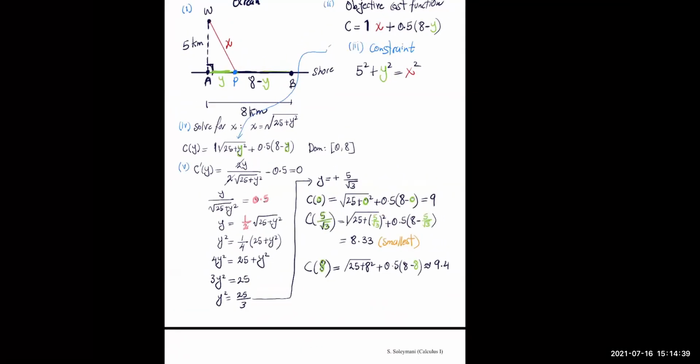So this means that if I locate P 5 over root 3 miles away from point A, then cost will be smallest at $8.33 million. And what's 5 over root 3 anyway? Let me see, 5 divided by square root 3 is about 2.9 miles.